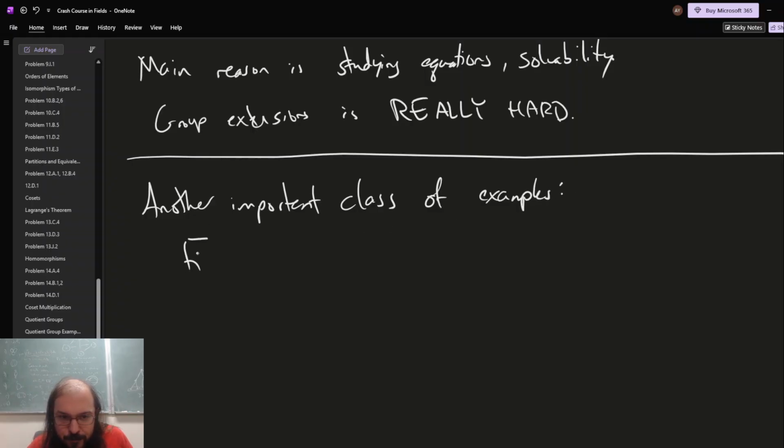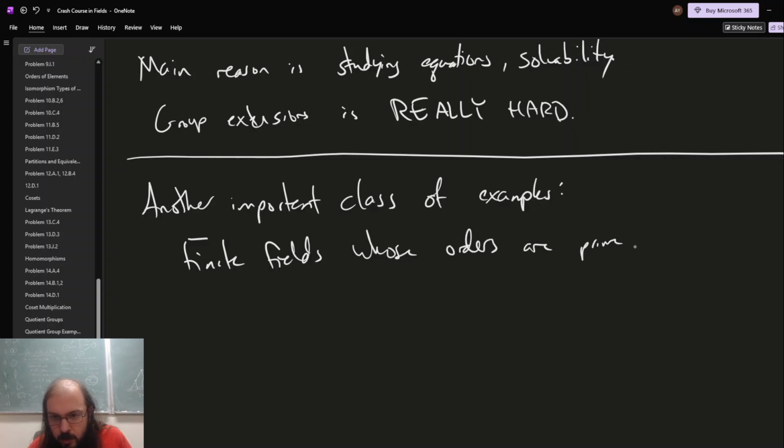These are finite fields whose orders are prime numbers. In other words, we call these F_p, which is shorthand for Z mod pZ, as a field rather than just a group.